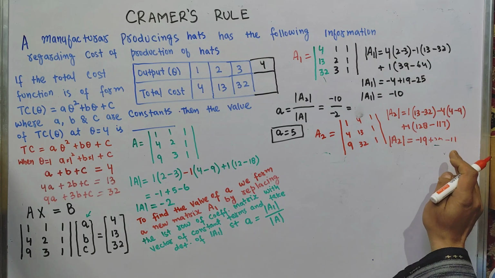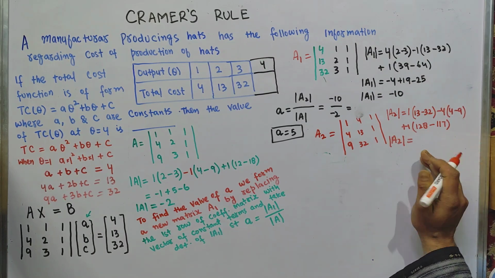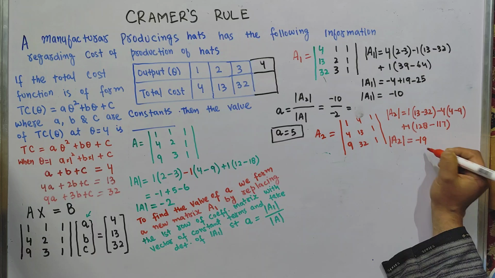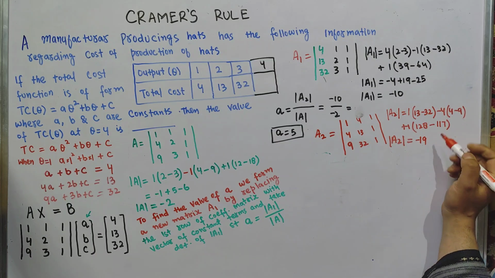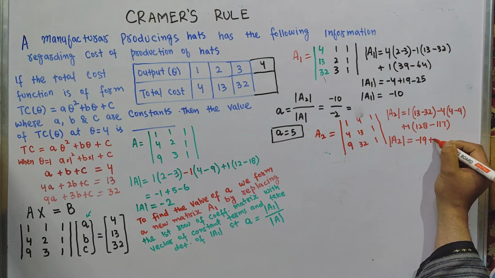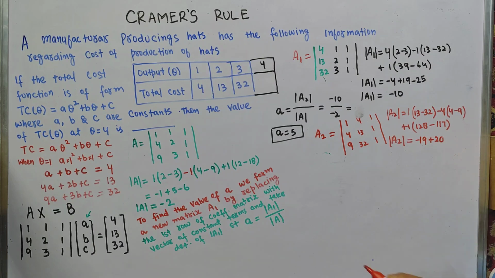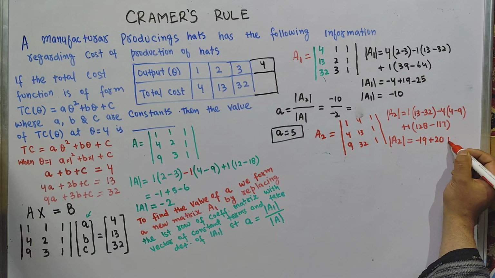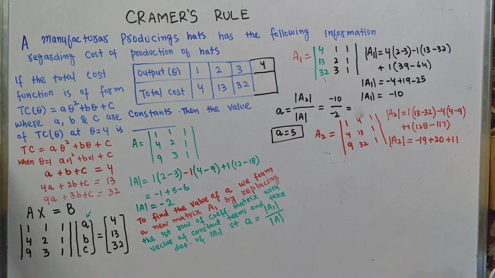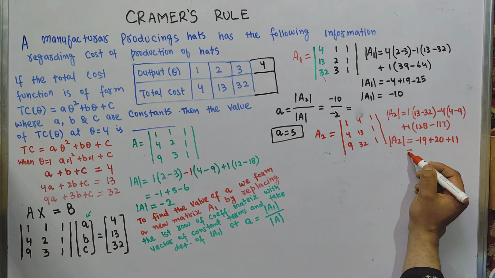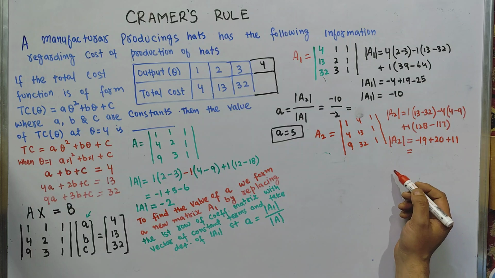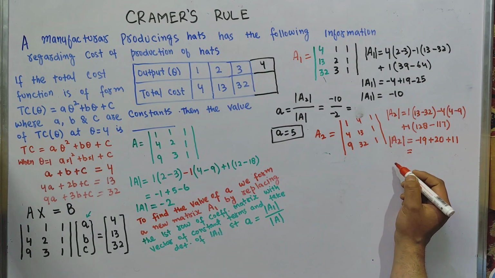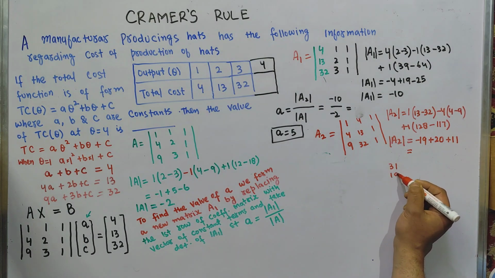Let me see. So we have minus 19 here, then minus into minus is plus 20. Then we have plus 11 here. So what will we get? 20 and 11, it comes out to be 31 minus 19.